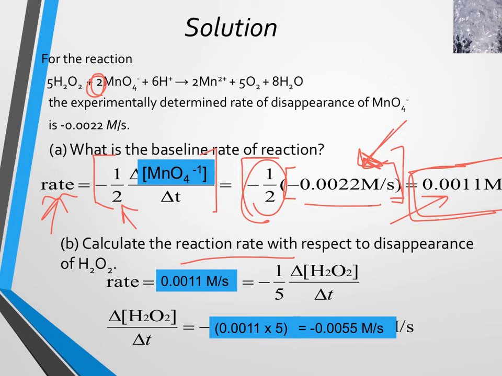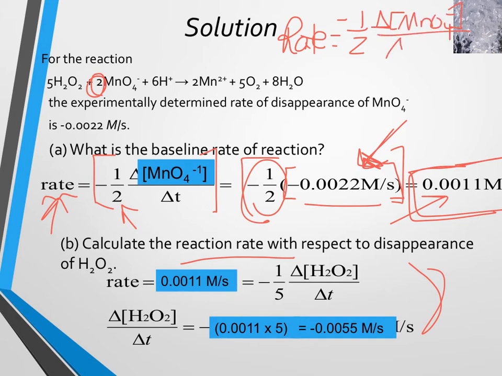As far as calculating the reaction rate with respect to another substance in the reaction, before you look down here, I want to present a different look at it. If you were writing the general rate equation, it would look something like this. With respect to permanganate, and then if you did it with respect to hydrogen peroxide, you would say that equals, hydrogen peroxide is a reactant also, and it has a coefficient of 5.